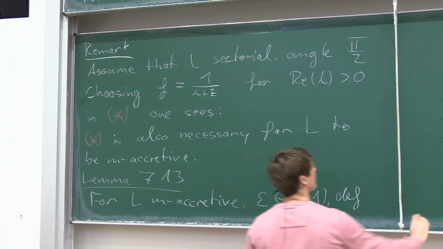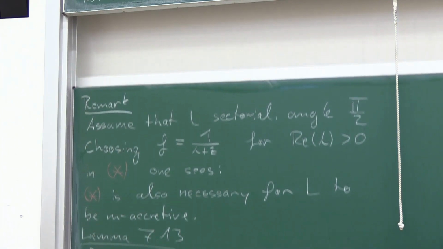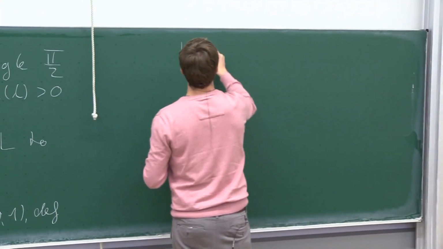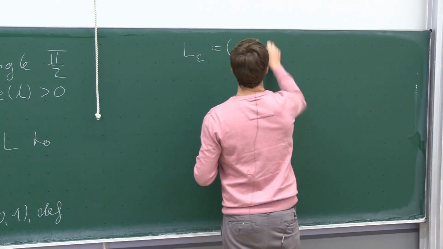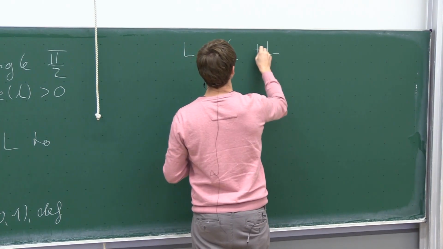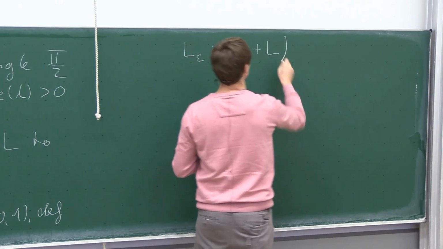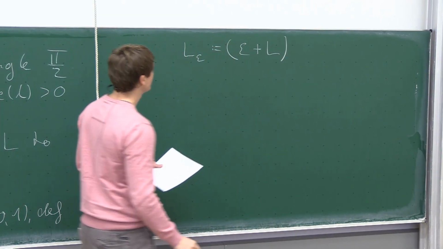we define the operator L epsilon as what? So we have here our operator L that we want to approximate, and we add some constant epsilon here.